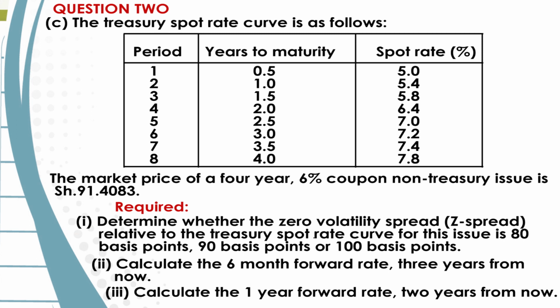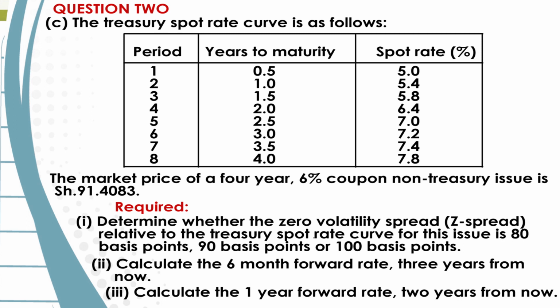So we are provided with the information that gives rise to the treasury spot rate curve. We have 8 periods. Then you are given years to maturity and the spot rate in percentage.